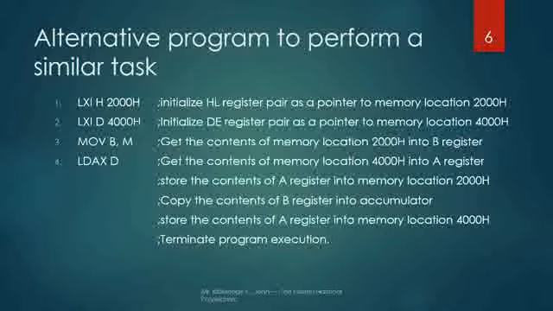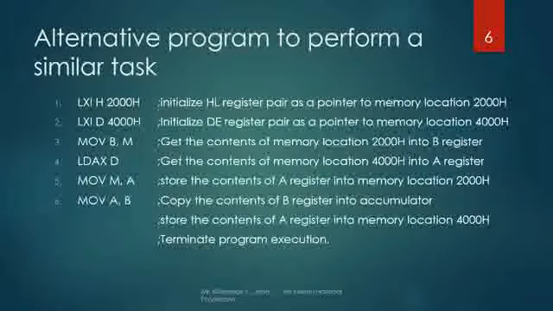We need to take that content to memory location 2000, and therefore we use MOV M, A. Our M is in H and L, which is 2000, and therefore we move to memory address 2000 the contents of the accumulator. So we've completed the first step. The next step is to move what is in register B to the accumulator and take it to memory 4000.